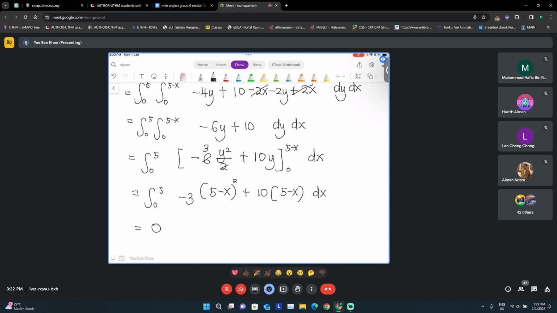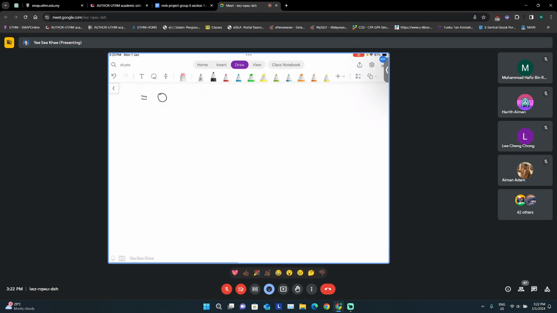So we continue with one more example for exercise 4K. We go to question Q3. Use the Stokes theorem to evaluate the line integral.